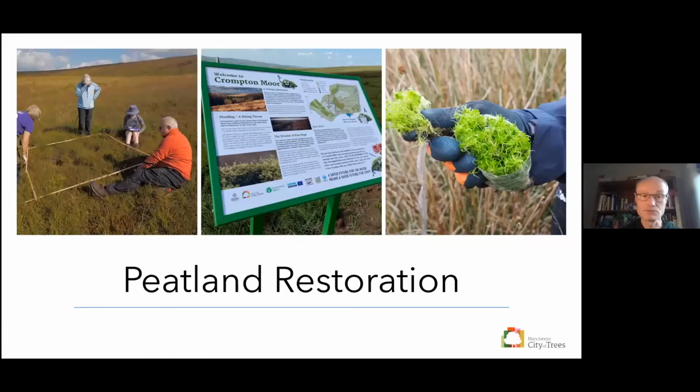One of the important projects happening on Crompton Moor is peatland restoration. We've been working with a range of partners to replant and re-wet the moorland to re-establish the peatland area, and that involves lots and lots of sphagnum moss planting schemes. As you can see from the photograph, we've been using an interpretation board to explain to communities why it's really important that we do this work.